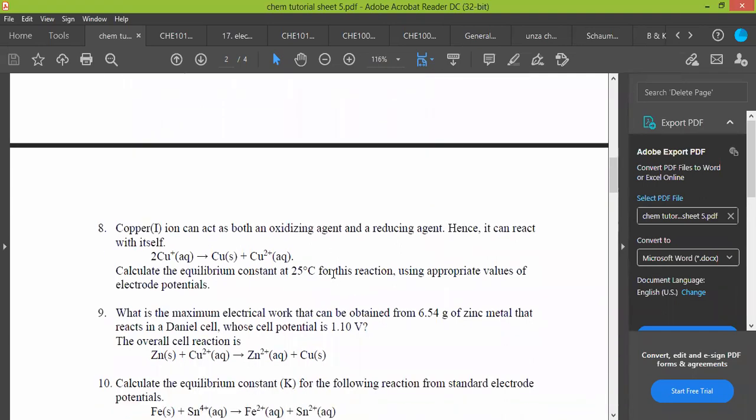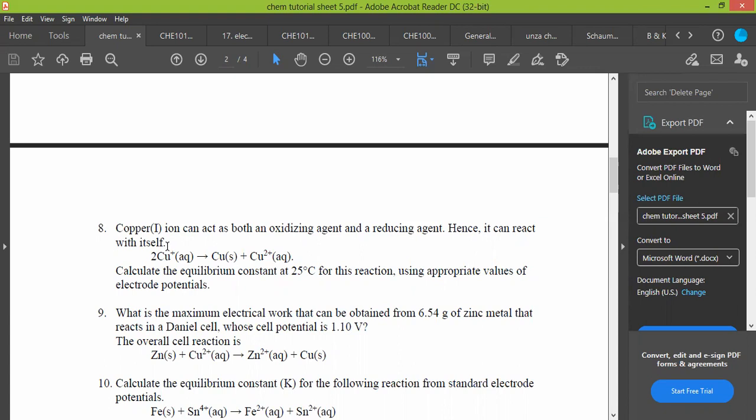Copper 1 can act as both an oxidizing agent and a reducing agent, hence it can react with itself. Calculate the equilibrium constant at 25 degrees for this reaction using appropriate values for electrode potentials. So in here, copper 1 is disproportionating.